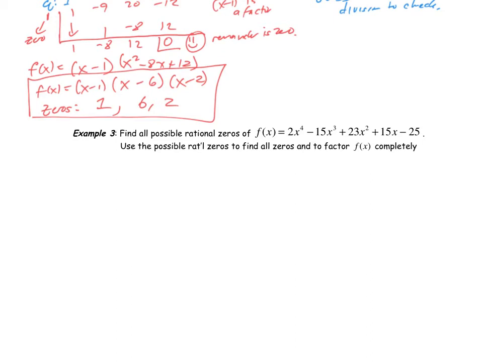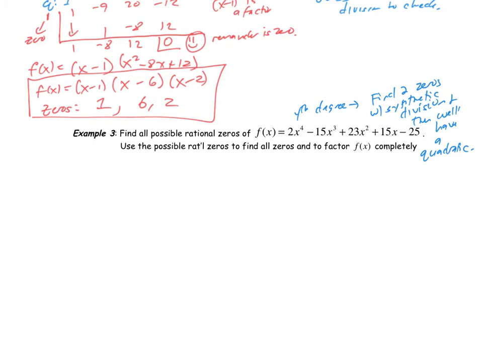So since this is a fourth degree polynomial, our goal is we need to find 2 zeros with synthetic division using the rational zeros test to help us, and then we'll have a quadratic, and from that we have a lot of tools that'll help us factor and find the remaining zeros.